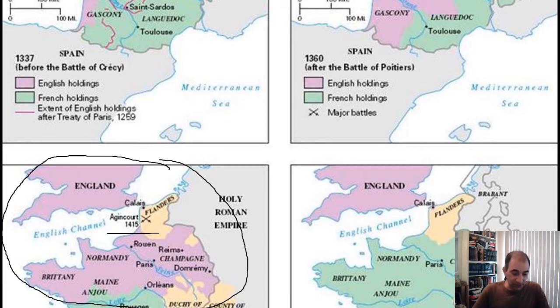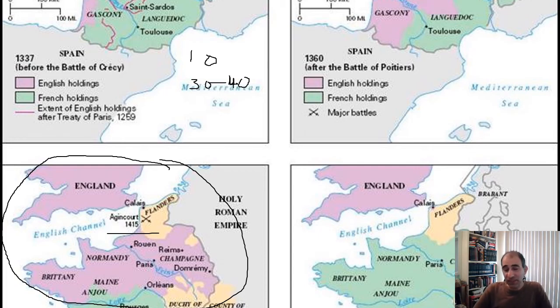Specifically at the Battle of Agincourt, there are about 10,000 British soldiers and maybe about 30,000 or 40,000 French soldiers. So the French outnumber the British about 3 to 1, 4 to 1. They have many, many more men. So that's an advantage that the French have.